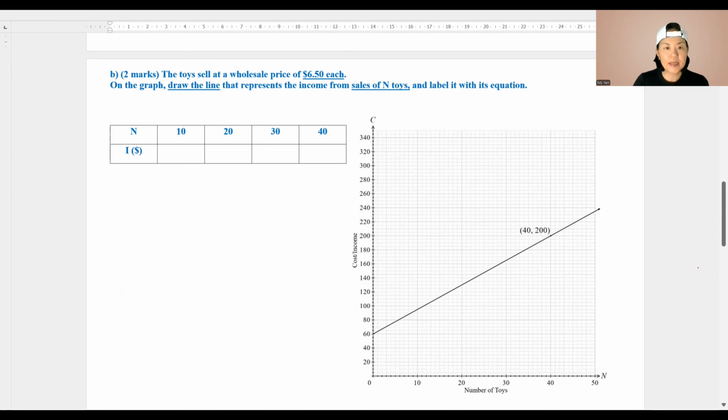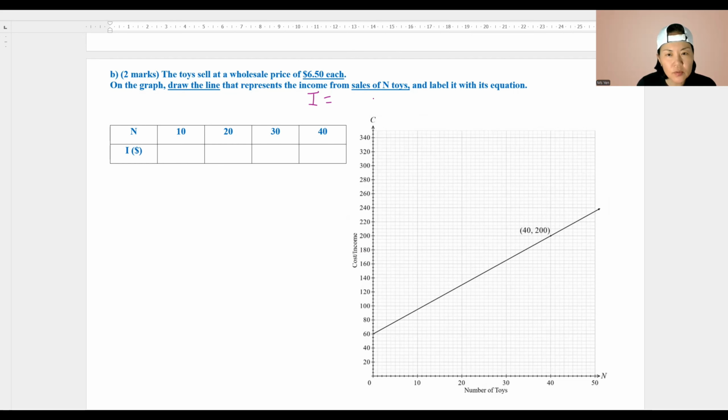Okay, part B. The toys sell at a wholesale price of $6.50 each. On the graph, draw the line that represents the income from sales of n toys and label it with its equation. So before we draw the line, we need to do the equation. It says here, the income, so I'm going to put I equals sales of n toys.